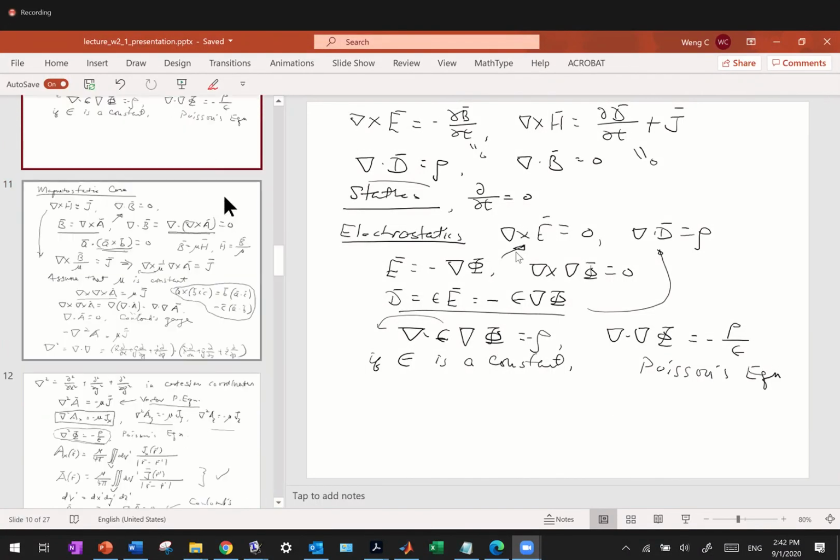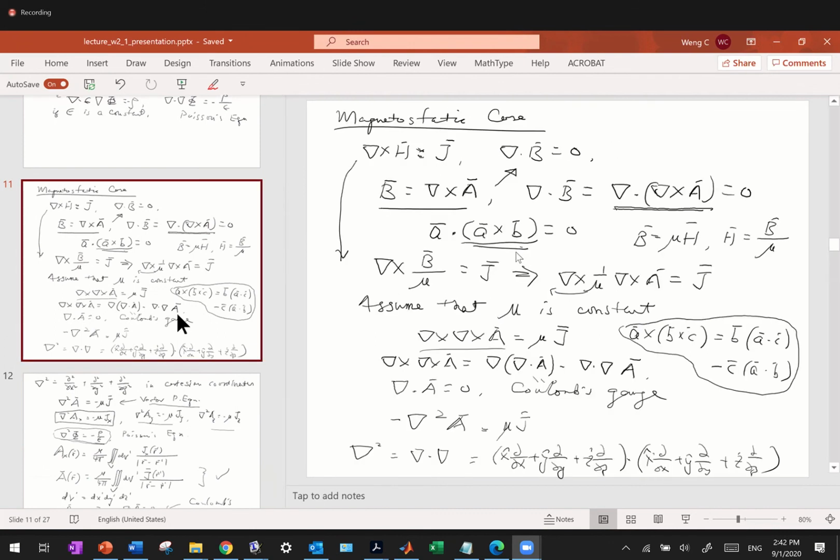And then we look at the magnetostatic case. Again you set partial t equal to 0, and you just look at the equations that have something to do with the magnetic field. These are the two equations that you have. Then you set B equals curl of A, divergence of B equal to 0. Then you end up with what we call the vector Poisson's equation.